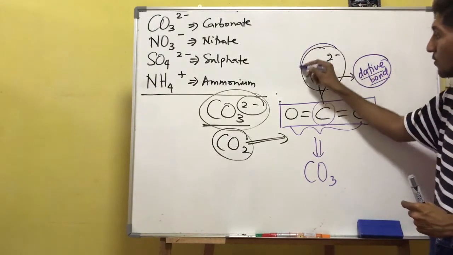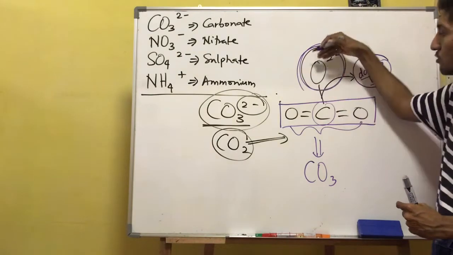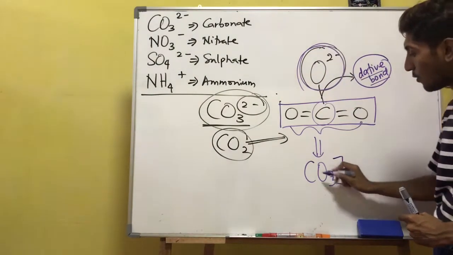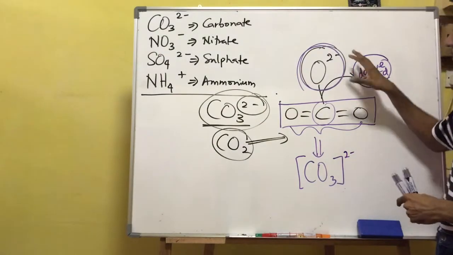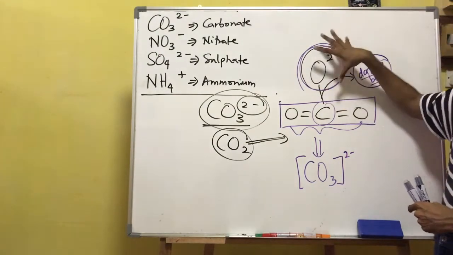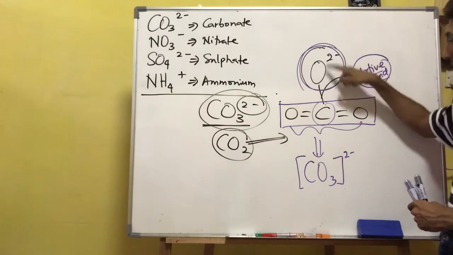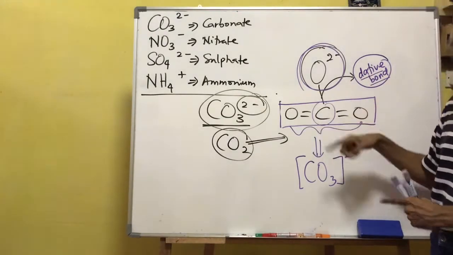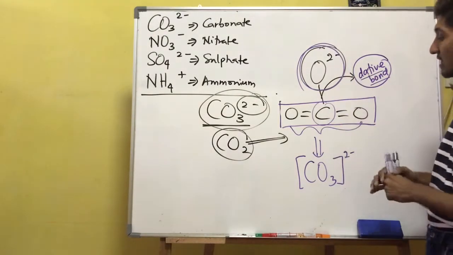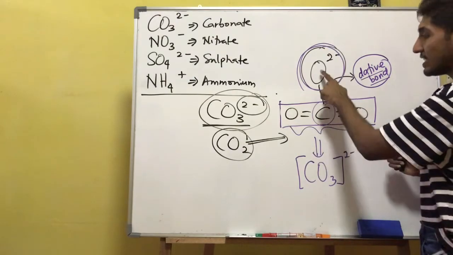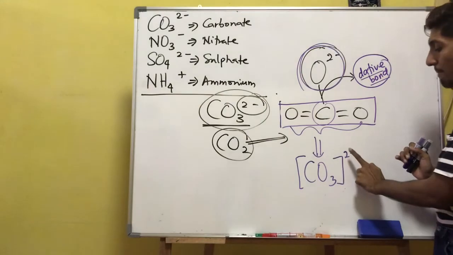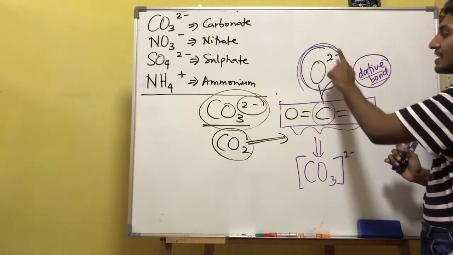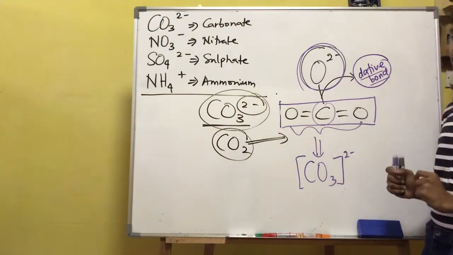Therefore, when this oxide ion joins in, it will give the whole thing 2 negative charge. Jadi, disebabkan ion oksida ini bergabung secara datif kepada molekul carbon dioxide ni, dia menyebabkan CO ada 3. Tapi dia menyebabkan semuanya ada 2 negative charge mengikut ion oksida yang menumpang pakai dative bond.